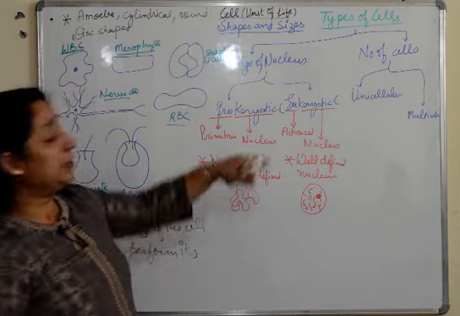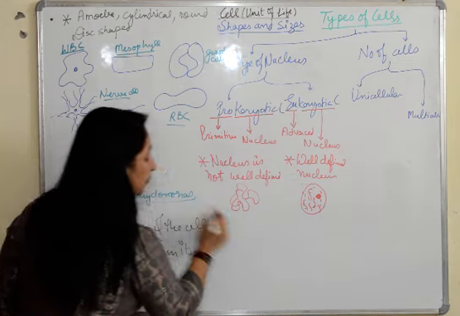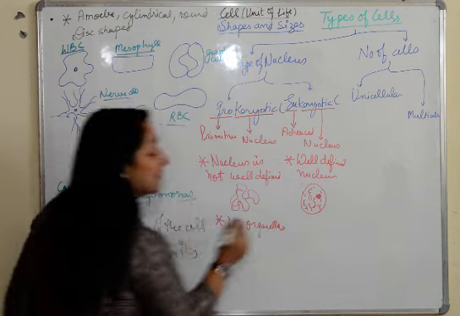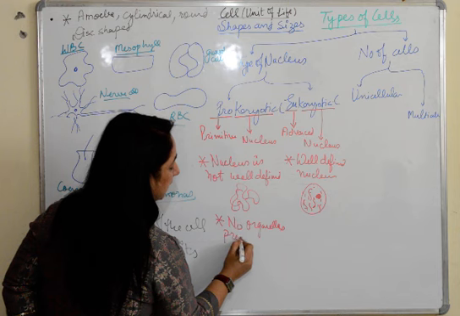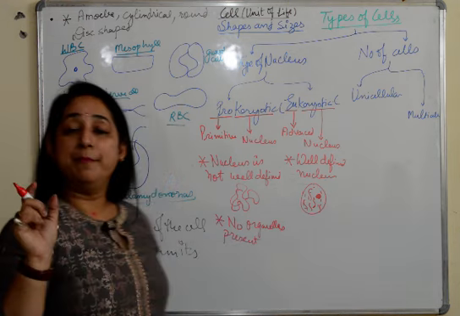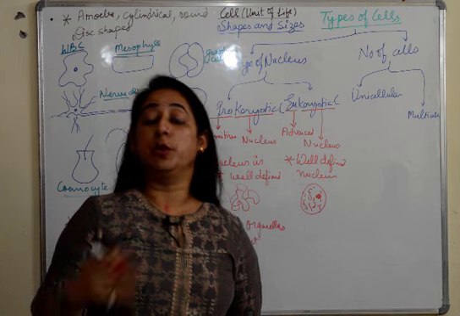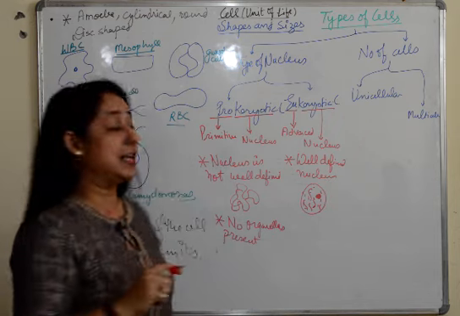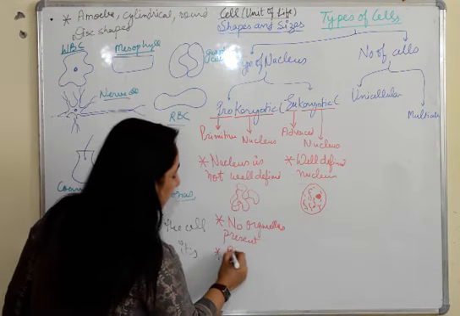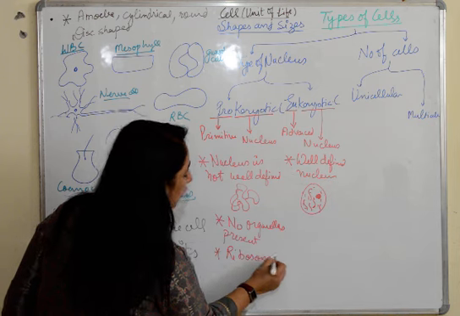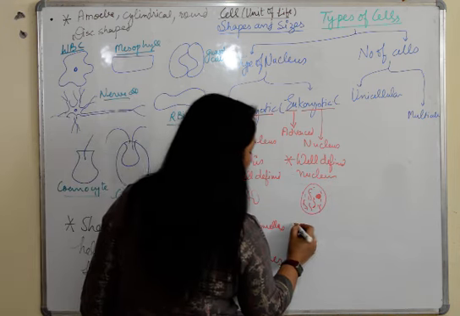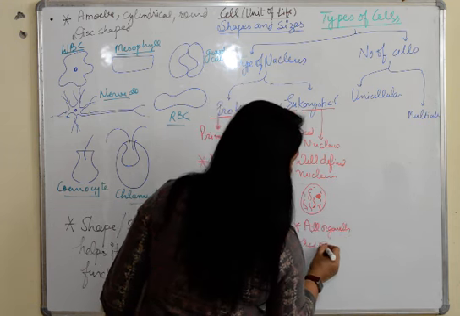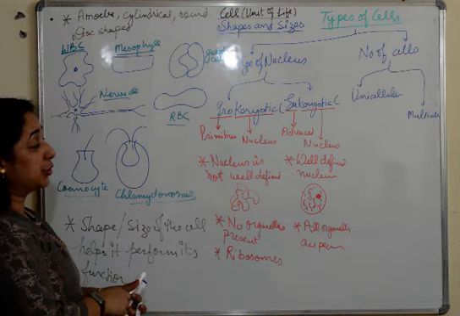Again, prokaryotic and eukaryotic cells have one more difference. In prokaryotic cells, no membrane bound organelles are present. That means the organelles which have membranes around them, like mitochondria, Golgi bodies, vacuoles, all these have coverings around them, whereas these prokaryotes only have ribosomes which do not have the coverings, whereas in eukaryotic, all organelles are present. Examples now, most important.